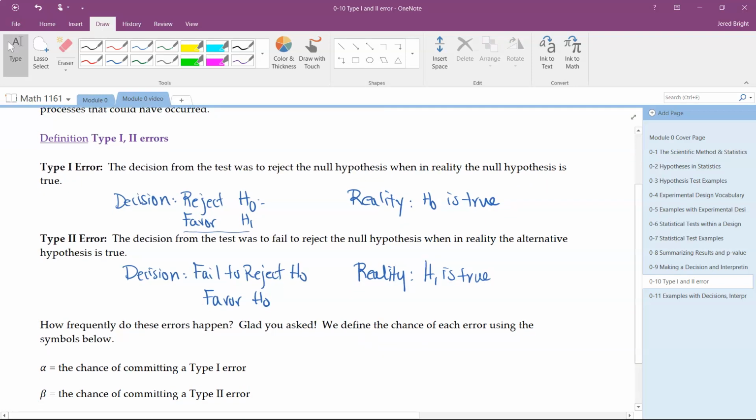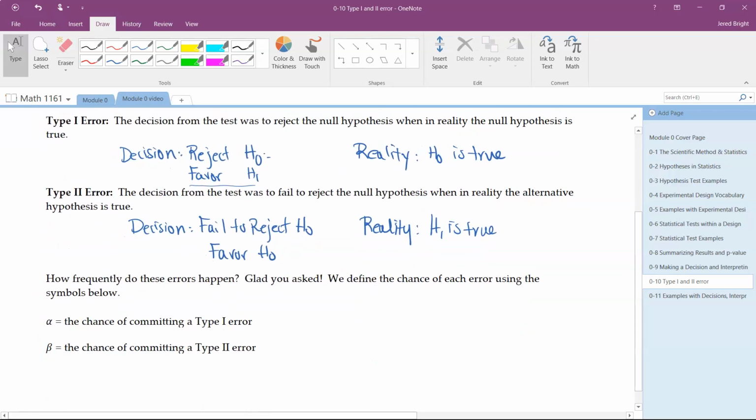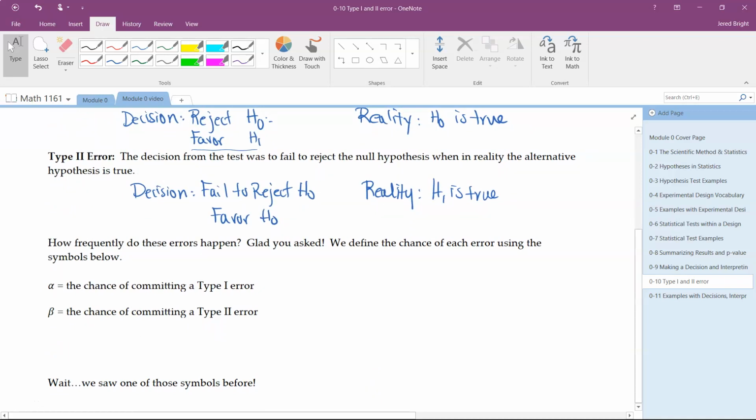And so consequently, with each of these types of errors there is an associated probability, or a chance that they could happen, and we quantify these as alpha and beta respectively. So alpha for type 1, beta for type 2. Wait, didn't we see one of these symbols before? Alpha, that was when we were using our comparisons, right? P is less than alpha, or P is greater than alpha, or P is less than or equal to alpha.